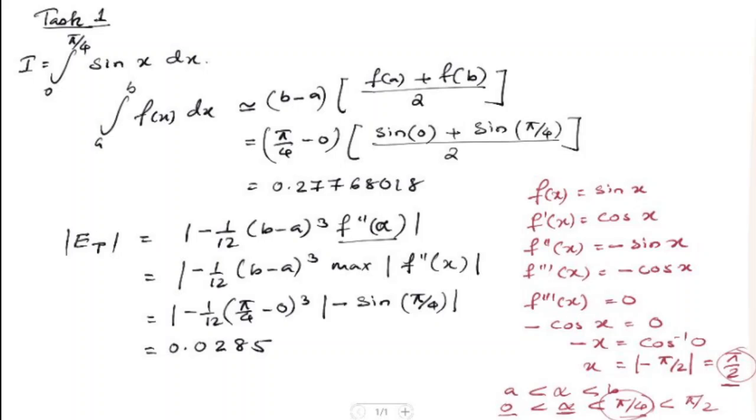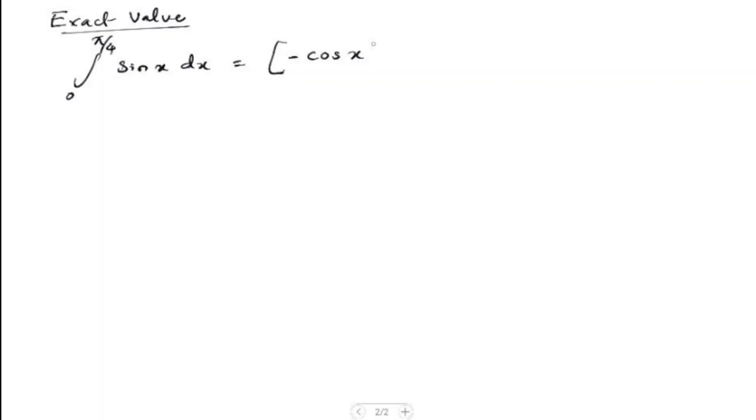Now we'll calculate the absolute relative error, and for that we first need to calculate the exact value of the integral. So the integral from 0 to pi over 4 of sine x dx is equal to the integration: we have minus cos x here, and we integrate it in the limits of 0 to pi over 4.